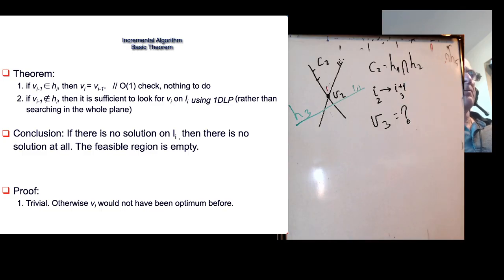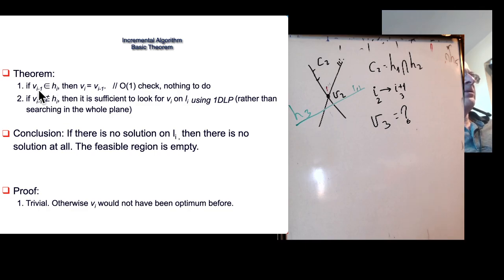What is the optimum solution right now? Well, v2 was the best that I had before I added H3, and the optimum that I had earlier, v2, doesn't contradict H3. I will not be able to get anything better than v2 because I couldn't get anything better even if I had fewer constraints. The fewer constraints, the better it is for our cost function.